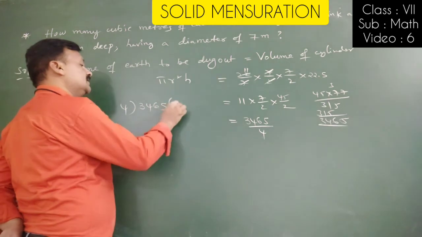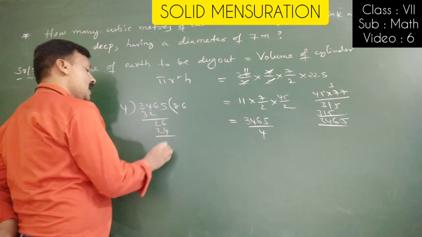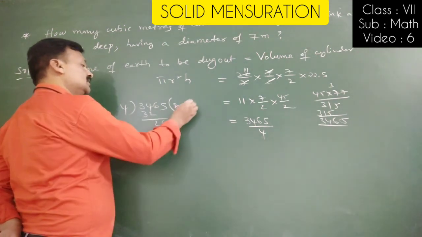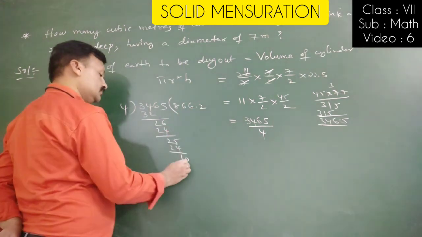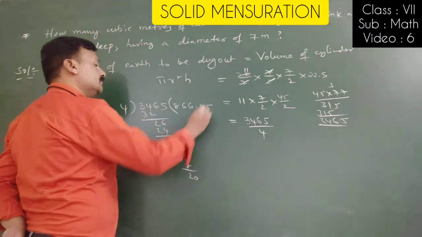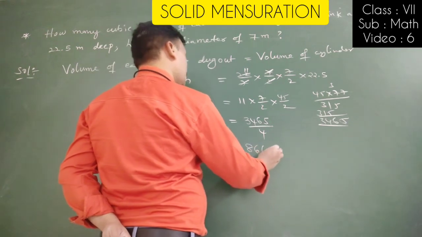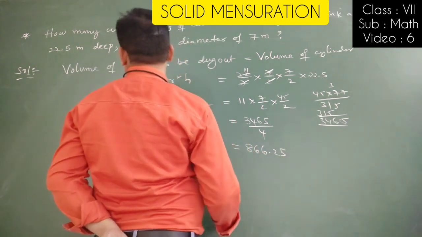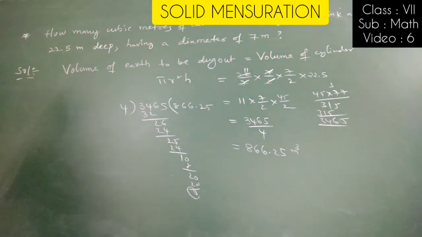Dividing, we get 866.25 cubic meters. So 866.25 cubic meters of earth need to be dug out to sink the given well.